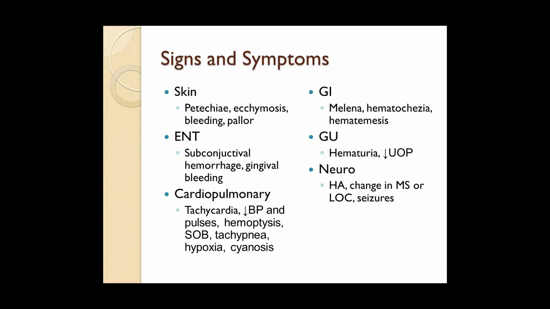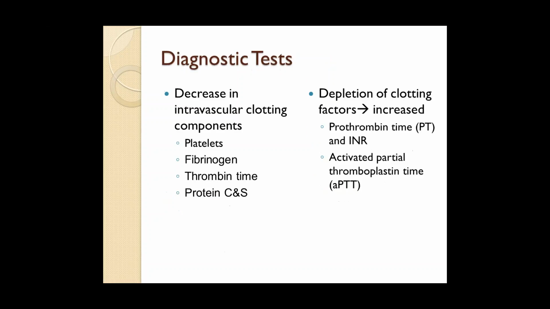From a cardiopulmonary standpoint, patients may become tachycardic or hypotensive as a result of the blood loss. They may have diminished pulses, report hemoptysis, develop shortness of breath or tachypnea. They may be hypoxic or cyanotic. And from a neurological standpoint, they may develop headaches, changes in mental status or level of consciousness, and seizures.